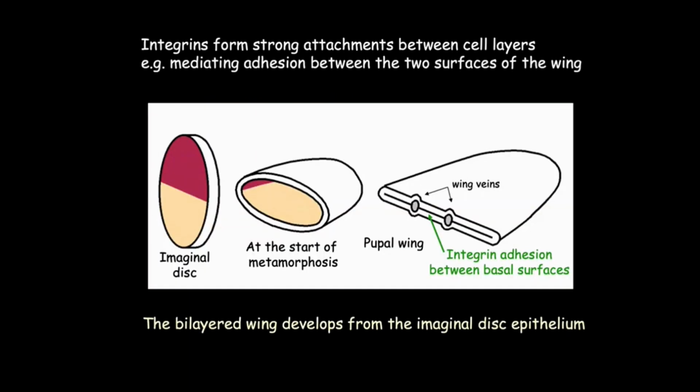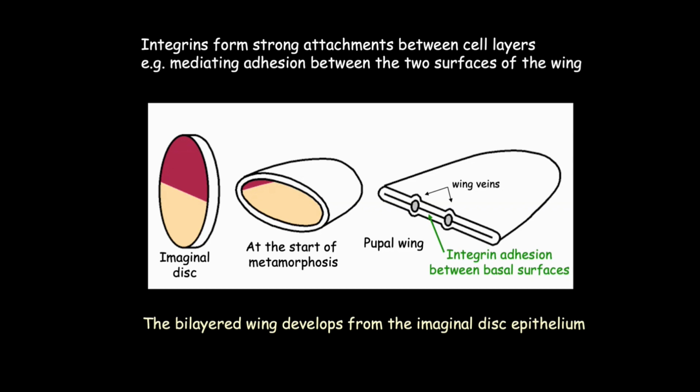Okay, so another model that we found very useful from a genetic perspective is the formation of the wing. So you may not know a fly wing arises from a single flat sheet of epithelial cells that during metamorphosis in the pupa kind of everts, like pushing out a sock.